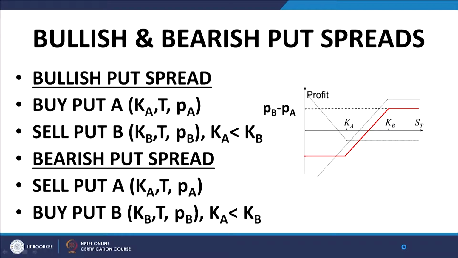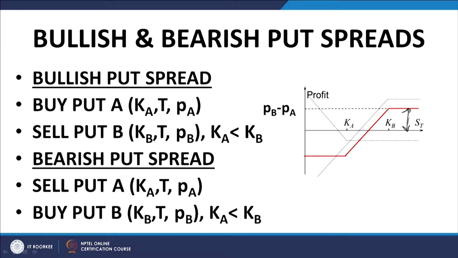As you can see, the diagram is very similar to the diagram which we had for a bullish call spread. However, the difference is that this particular portion, which was in the previous case the difference of the exercise prices, now becomes the difference of the premia.